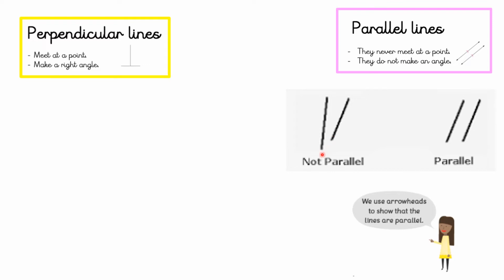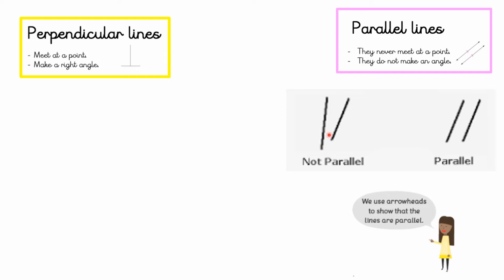So we need to make sure that the lines never ever meet at a point. These are not parallel lines because if I extend the lines, at some point they will meet together. Okay, so we need to be careful with that.